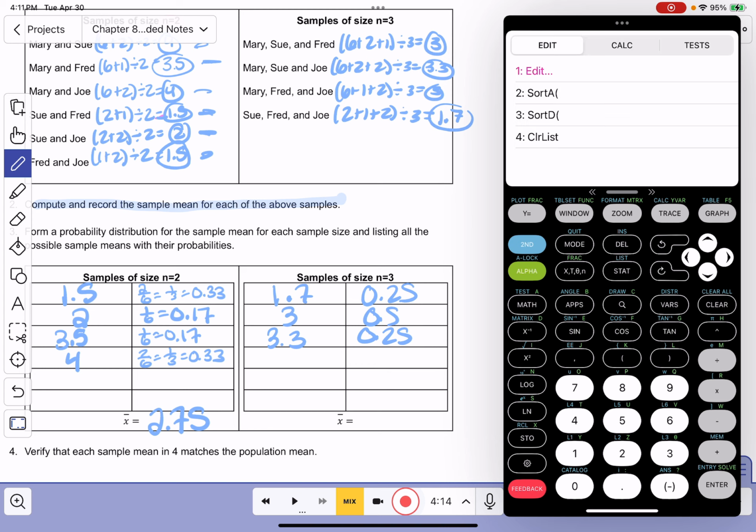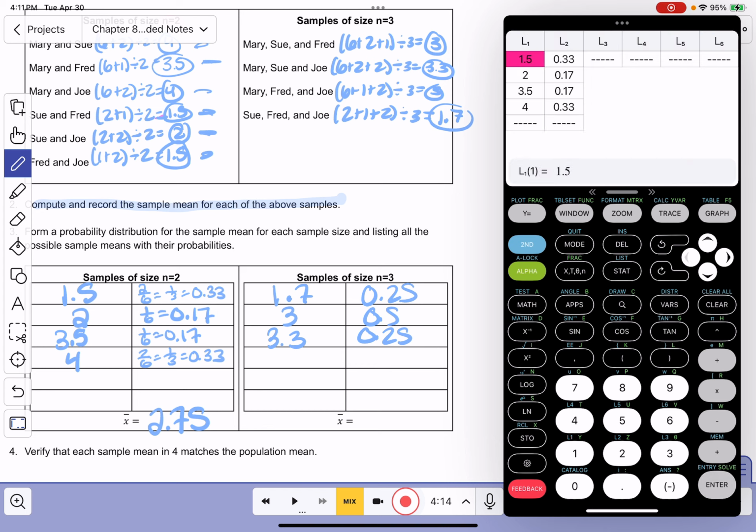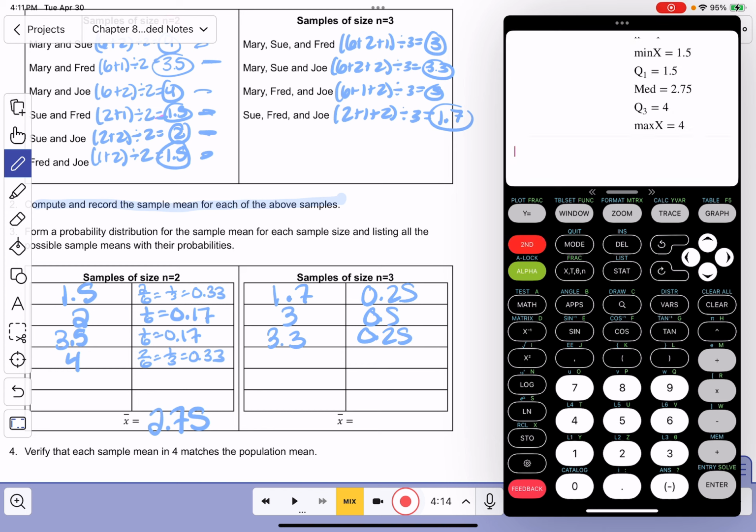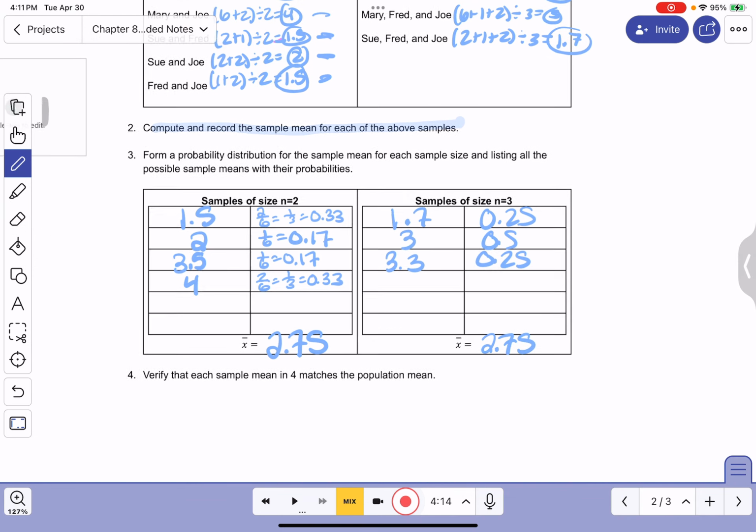And if we put it in our table, we get 2.75. So what does this show us?